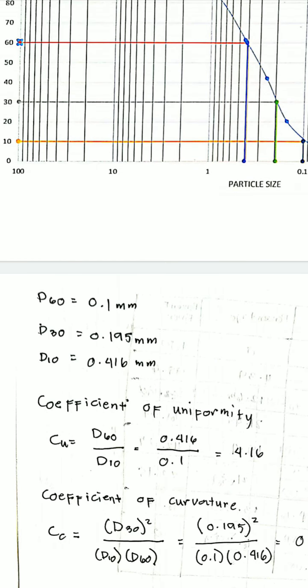So it means that D60 is equal to 0.416 millimeter, and D30 is equal to 0.195 millimeter, and D10 is equal to 0.1 millimeter.